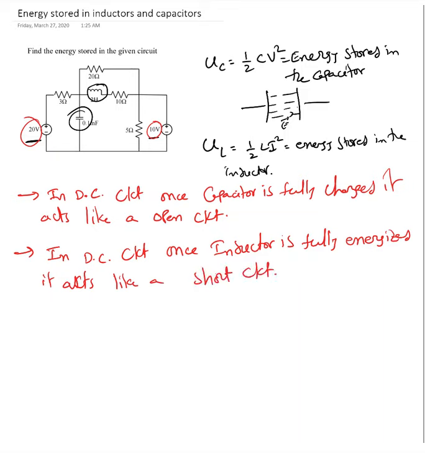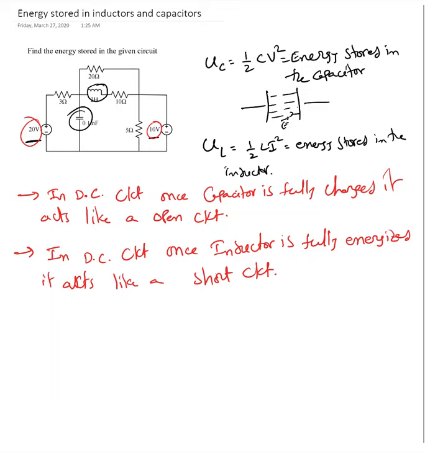Short circuit is the right word. So in DC, once the capacitor is fully charged, it acts like an open circuit, and the inductor acts like a short circuit. Here I'm talking about the steady state. It's always steady state.